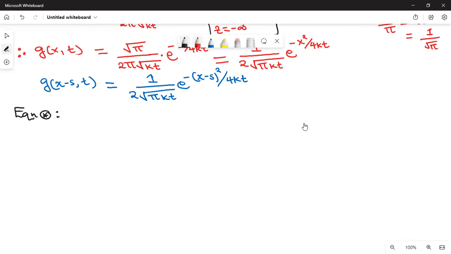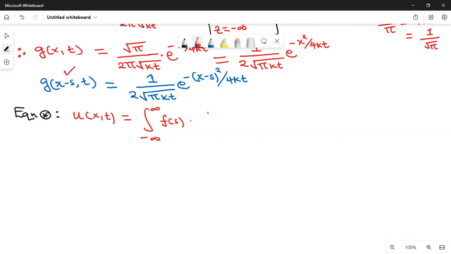Look at our equation. On the left, we had u of x,t. What about the right-hand side? It is the integral from negative infinity to positive infinity of f of s. F was arbitrary, so I don't know f of s because it's an arbitrary function. Then times g of x minus s, t.